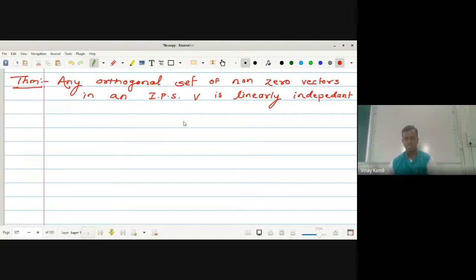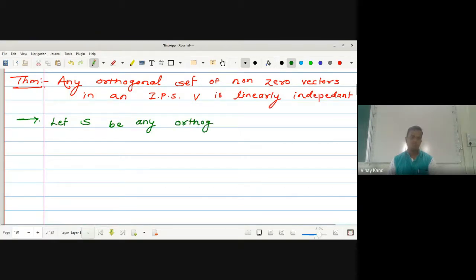Any orthogonal set of non-zero vectors in an inner product space V is linearly independent. Okay, proof. Let this S be any orthogonal set of non-zero vectors in an inner product space.